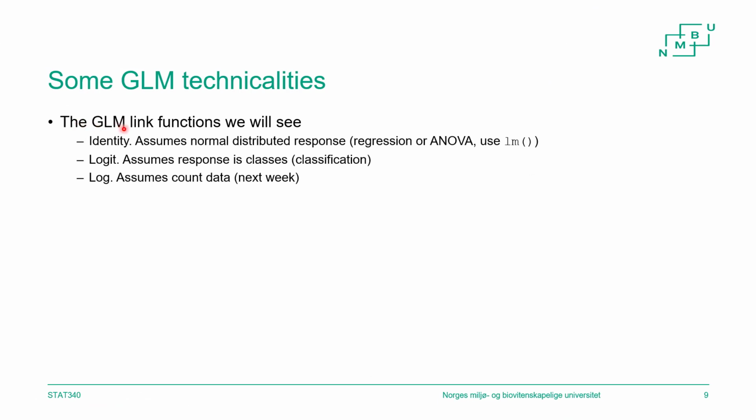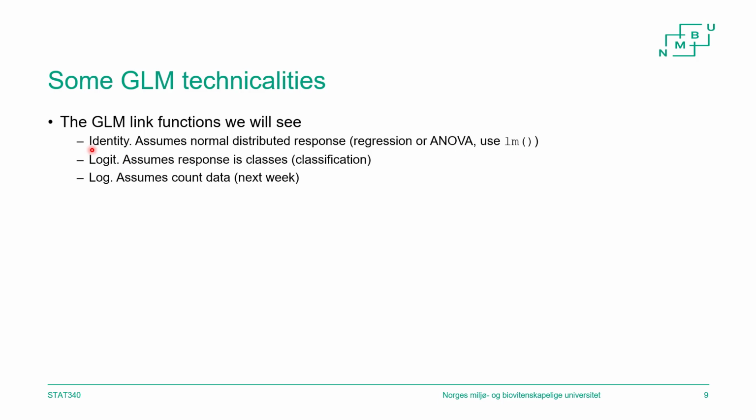Some GLM technicalities. I mentioned that there are several GLM link functions. And actually, the ones we will see are these. The identity function, well, that's the one we have used all the way up to now, because it assumes a normally distributed response. So it's actually the same as using the LM function.